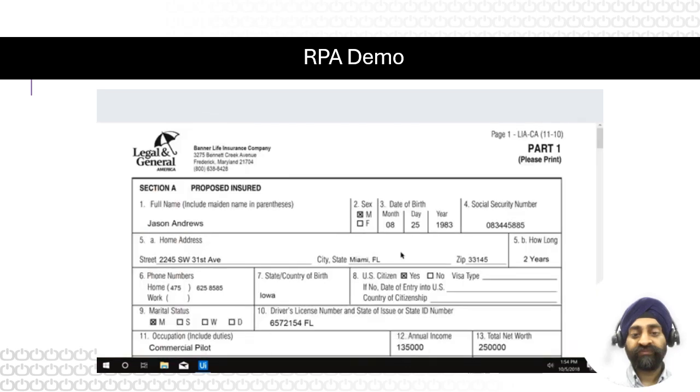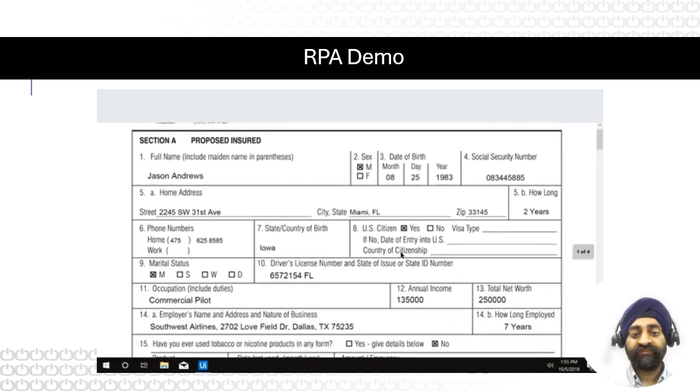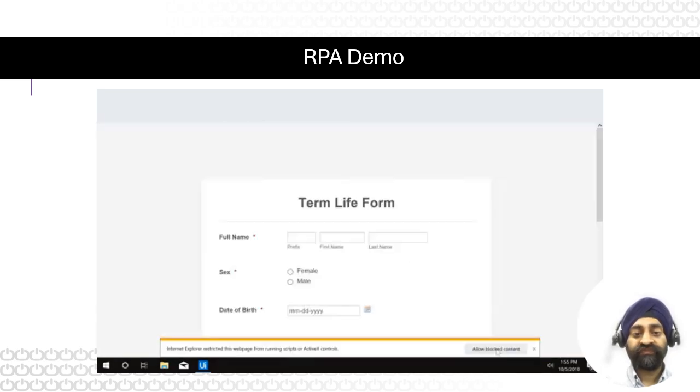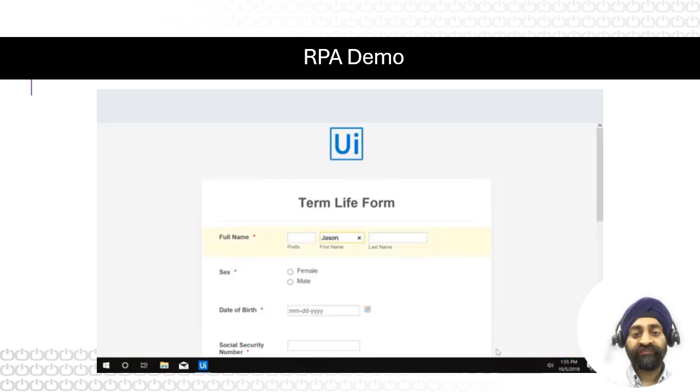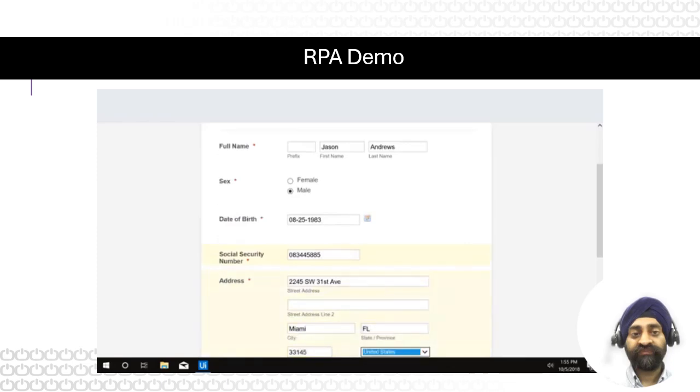UiPath's robot opens the attached application form and scans the information in the PDF using optical character recognition, also known as OCR. Once the robot extracts the information from the form, the robot then opens the policy administration system and it inputs all the necessary information into the system, officially submitting the application.